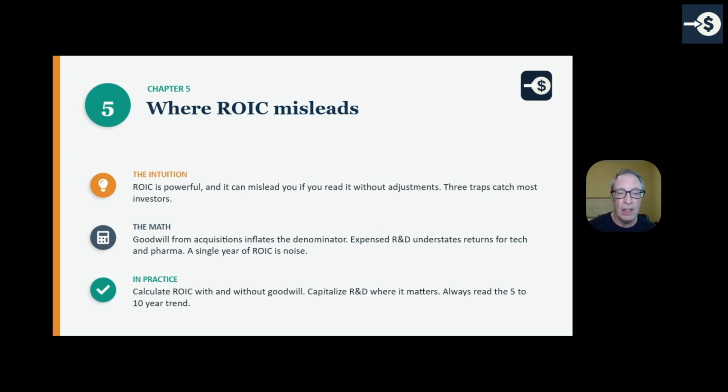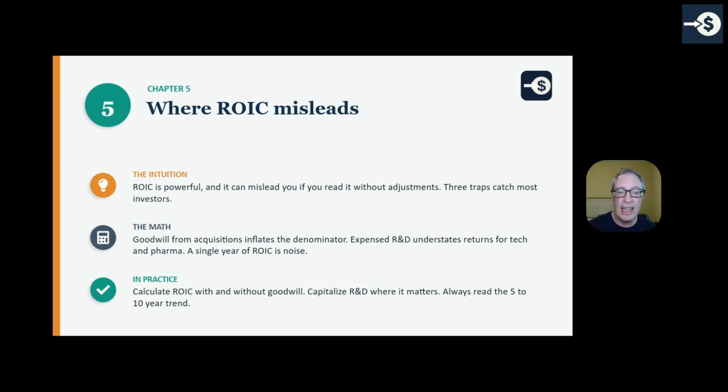These companies tend to have lower ROICs because they acquire a lot. Thermo Fisher, for example, Danaher. These are serial acquirers. They have very low ROICs. If you calculate them without goodwill, you will see a higher ROIC.